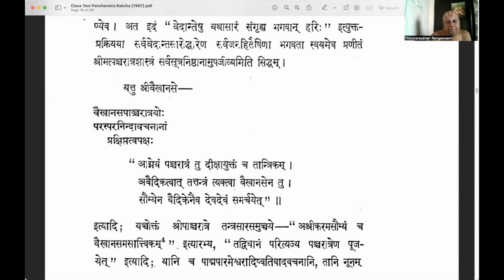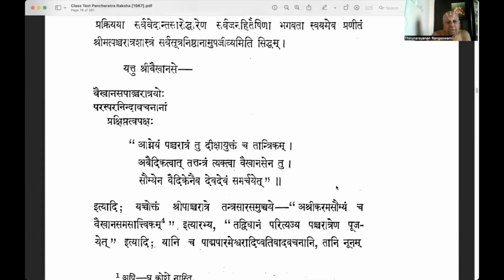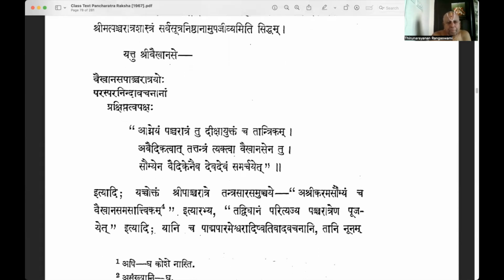They are the parasites to Srimad Pancaratra Shastra. So it is concluded here, Siddham. That means it is finalized, that it is ready for use.